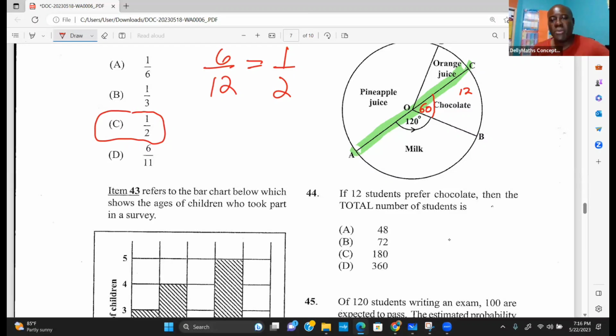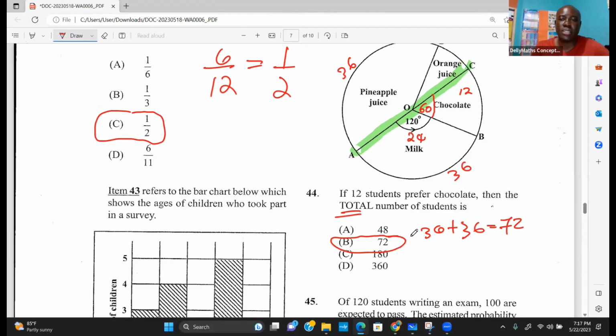One way, I could relate: if 60 is 12, 120 is 24. Which means half of it is 36, and the other half must be 36. Since they want the total, 72. 36 plus 36. That's one way.